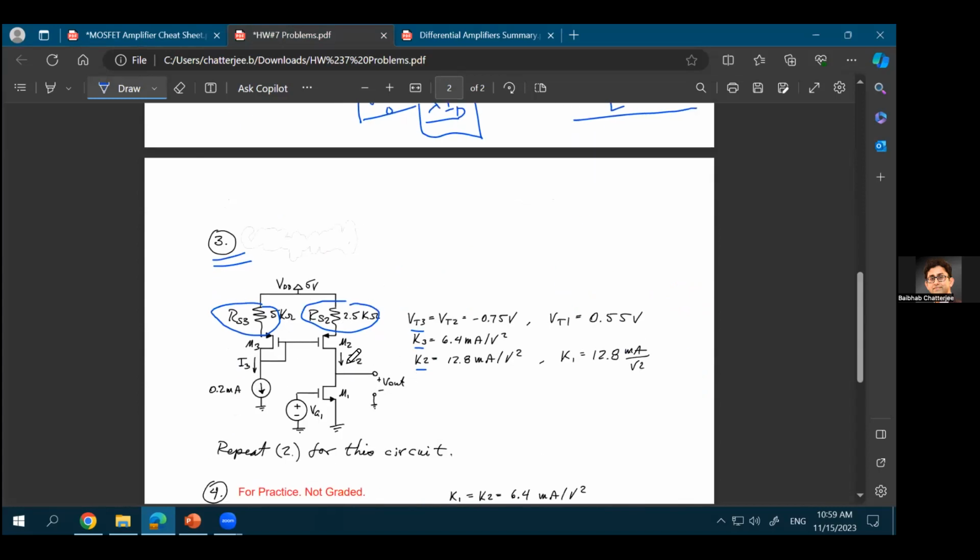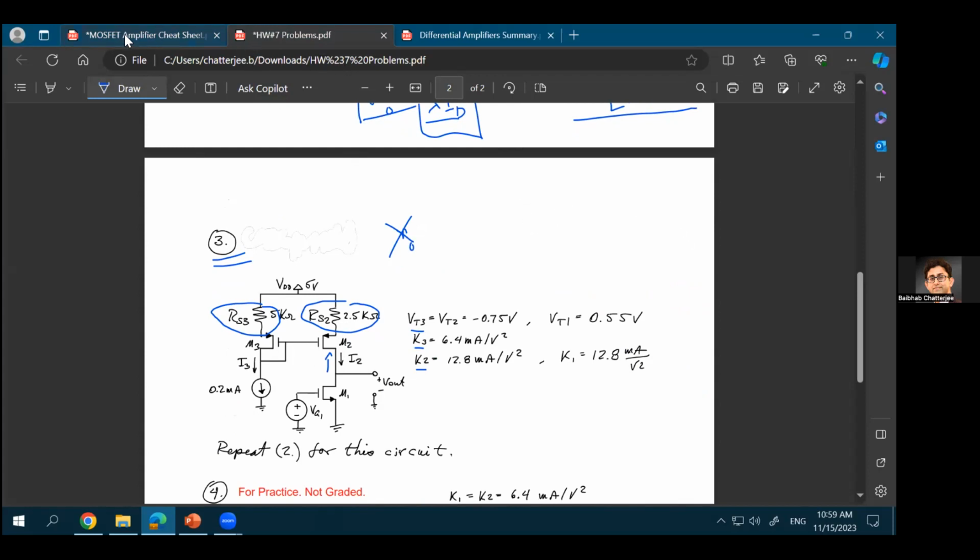In this case, what is the difference? The difference is that looking up at this point, looking into the drain of this transistor, you'll not see only RO. Why is that? You can do the entire small signal analysis.